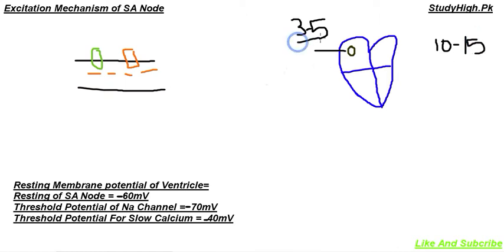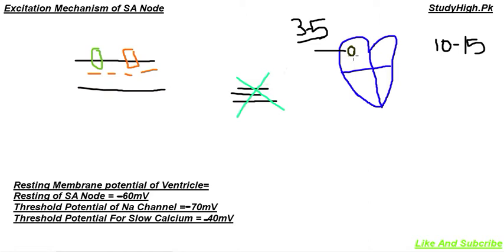This is the difference between the SA node and other muscle fibers of the atria. The second thing you must know is that it has no or almost negligible contractile units or myofibrils, actin and myosin, which are involved in contraction. So its purpose is not to contract, but to generate action potentials.